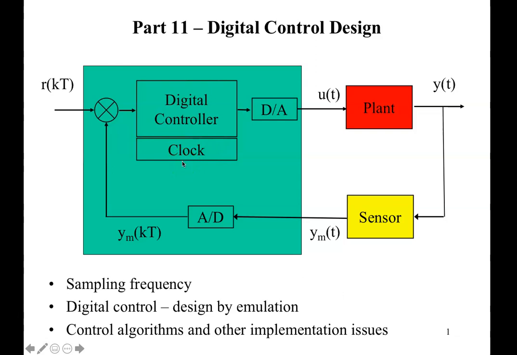What is a sampling interval? What is the best sampling interval for our design in a particular closed loop system? That's the first issue. The second issue is how to convert. What is the best way to convert the continuous time controller into digital form? So there are two issues I'm going to discuss for this part.